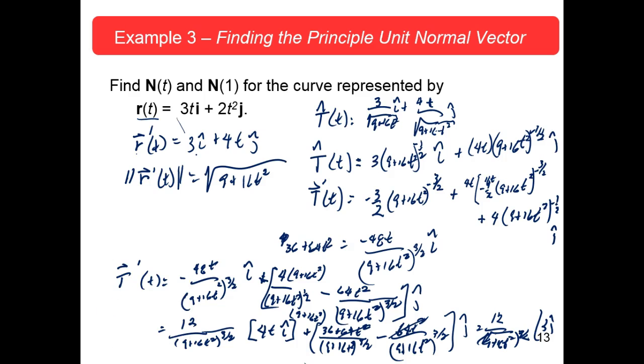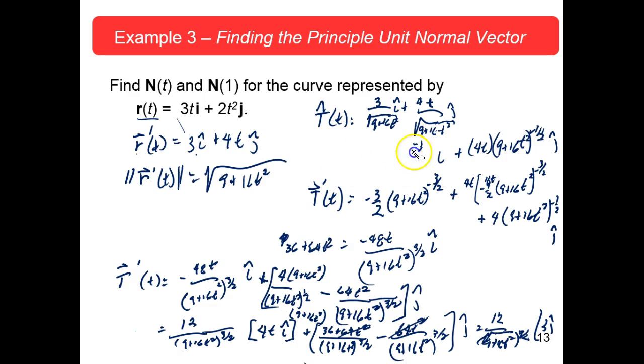I want to leave the stuff I need to leave. So I need to leave that numerator up there. Actually, I don't need that anymore. I don't think I need the t either, but I'll leave it just in case.